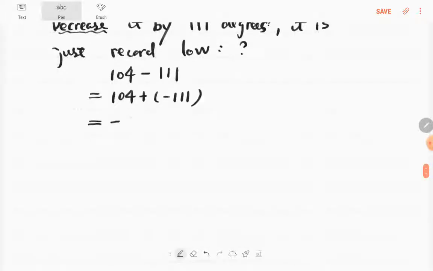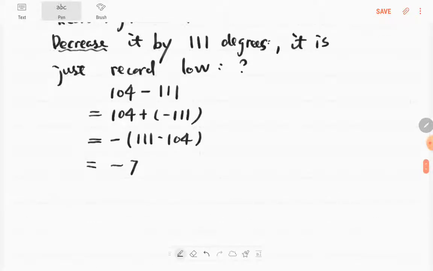Then we only need to find the difference of two absolute values. So the difference of two absolute value is just 111 minus 104. So it's just negative 7. So negative 7 degree is our final answer.